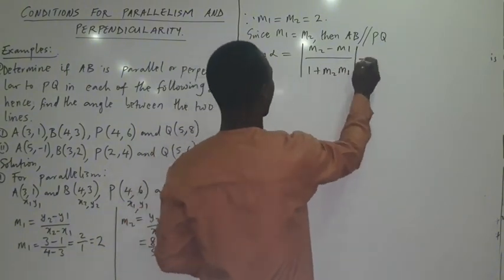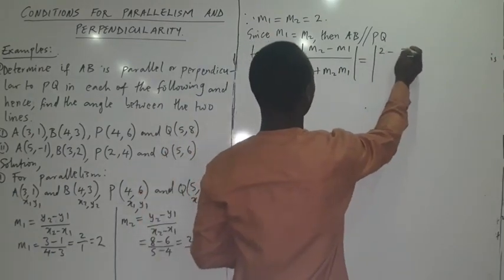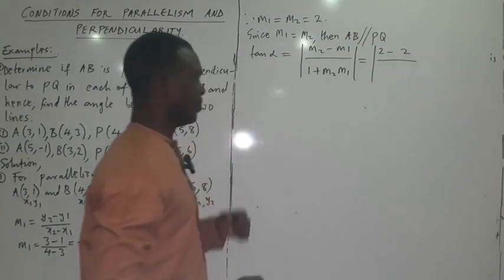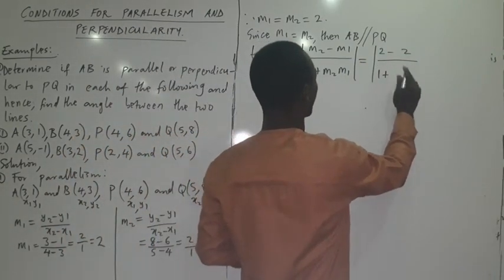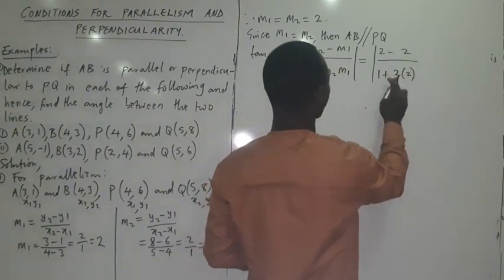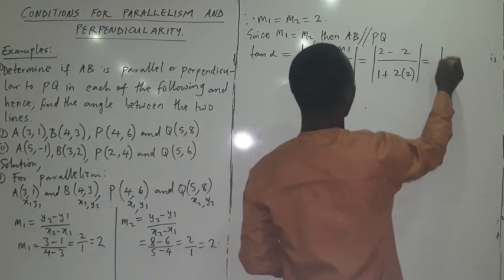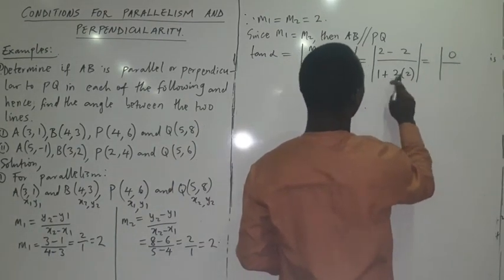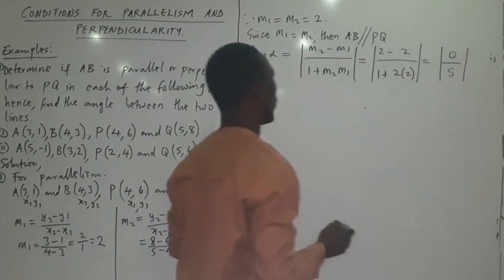So we have the absolute value of 2 minus 2 all over 1 plus 2 times 2, that is M2 multiplied by M1, then close the bracket, which is equal to 0 over 5.